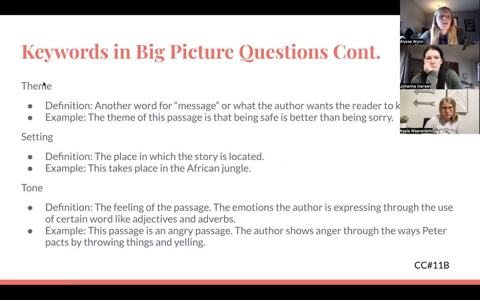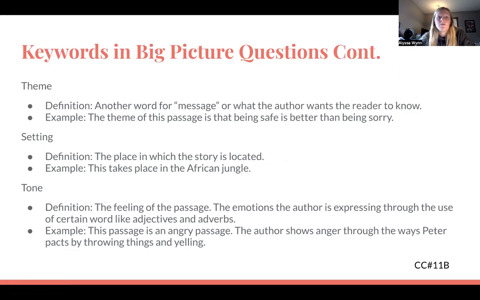And another keyword is the theme. Another word for message, or what the author wants the reader to know. An example is: the theme of this passage is that being safe is better than being sorry. Setting, the place in which the story is located. This takes place in the African jungle.